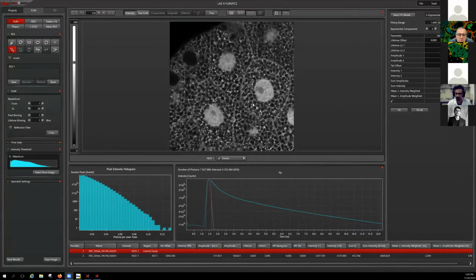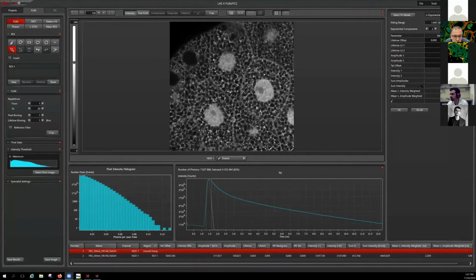Okay, so let's continue with that. Then we have two values, mean lifetimes. One of them that we are interested in is the amplitude-weighted one, which is the mean lifetime weighted by the amplitude. That's amplitude 1 multiplied by lifetime 1 plus amplitude 2 multiplied by lifetime 2, divided by the sum or total of the amplitudes.